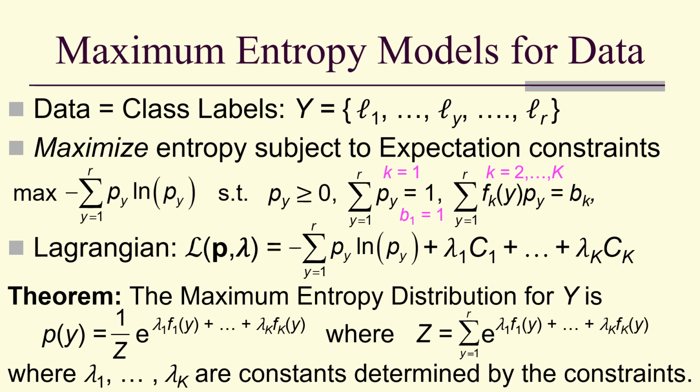So in other words, we have a theorem. The maximum entropy distribution for y is p of y is 1 over z times the exponential of this linear combination of the functions that are applied to the labels, where z is the sum of the exponential of all those, the partition function, and the lambda 1 to lambda k are constants that we've determined using the constraints. That was all that straightforward calculation we were doing to figure out what these lambdas were and what to actually put in there.